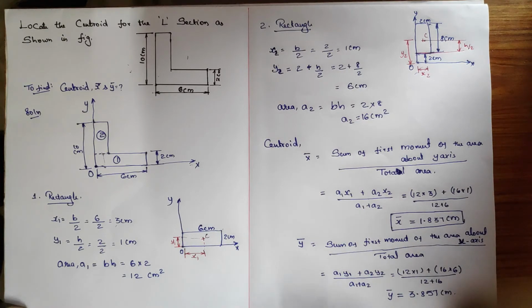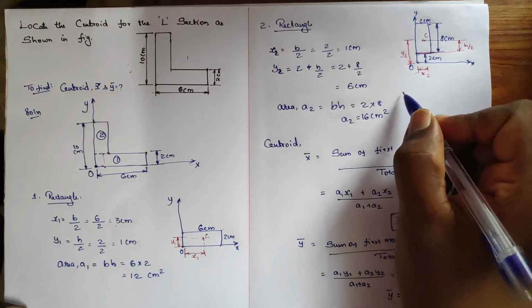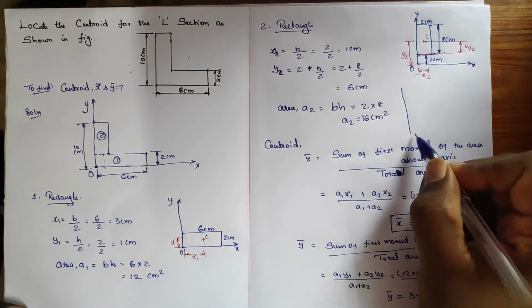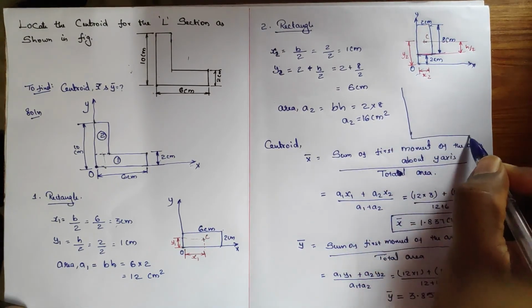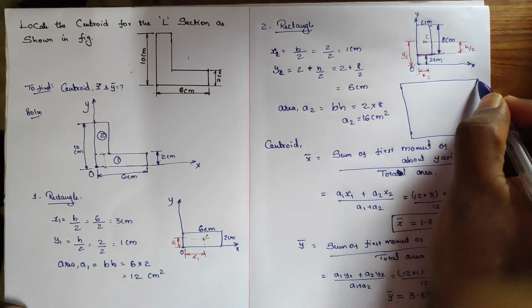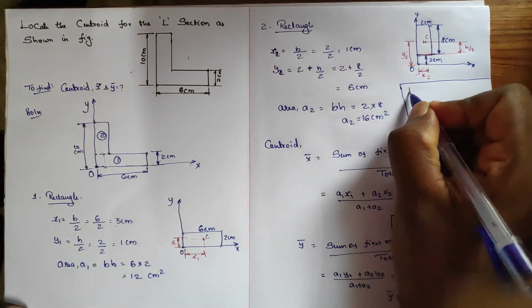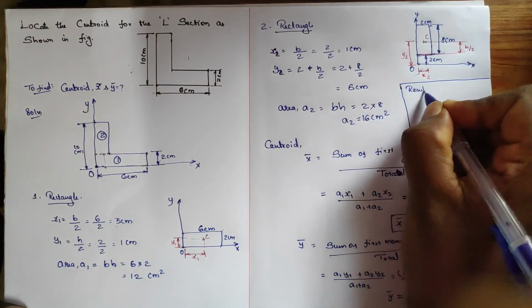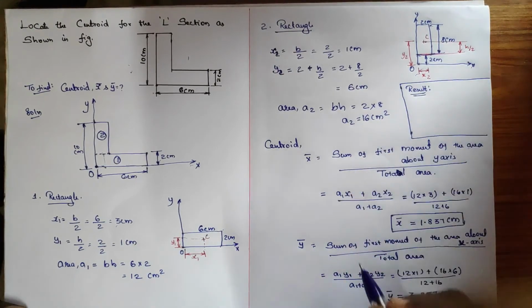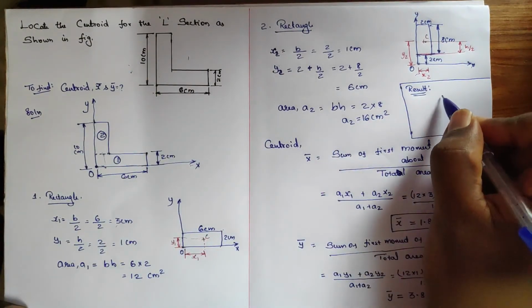After that you need to specify the result. I don't have space, so I am just going to show the result. After completing x bar and y bar, below that you need to make the title Result. How will you plot it? Take the diagram first.